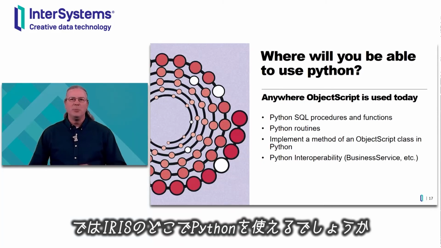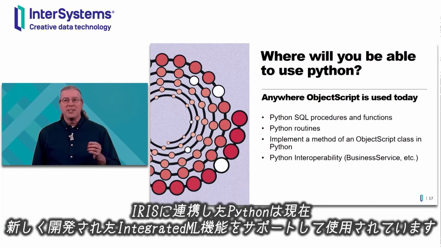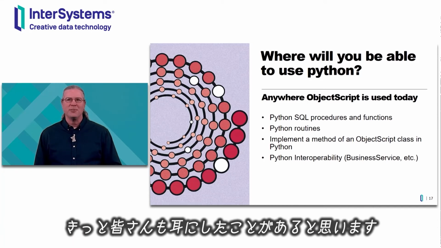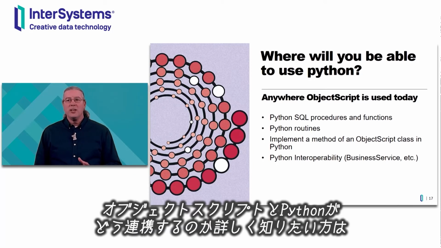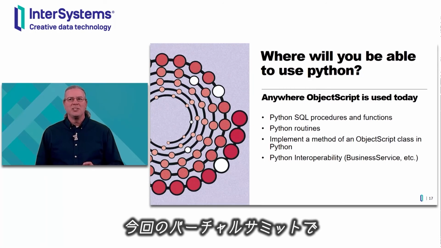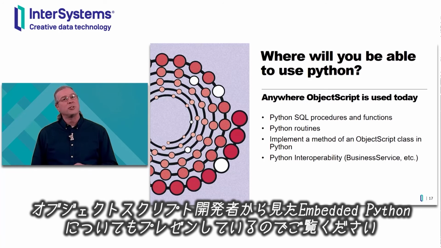So where will you be able to use Python in Iris? Embedded Python is being used today in support of our new integrated ML feature that I'm sure you've heard of. We're also working to add it across the rest of the Iris ecosystem. So if you want to hear more about how ObjectScript and Python are coming together, you might want to see my other Virtual Summit presentation on Embedded Python from the ObjectScript developer's point of view.